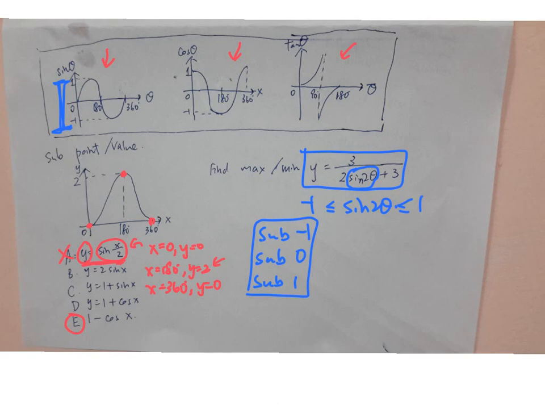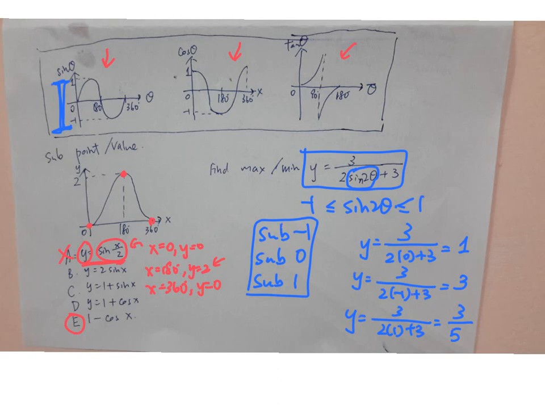So if I substitute 0, this one is equal to 1. If I substitute -1, you will get 3. And then if I substitute 1, then you will get 3/5. So this one would be the maximum. This one would be the minimum.